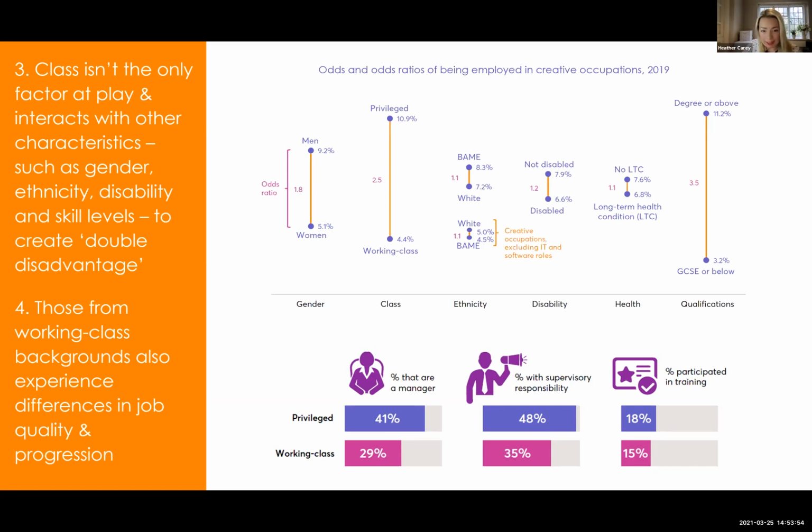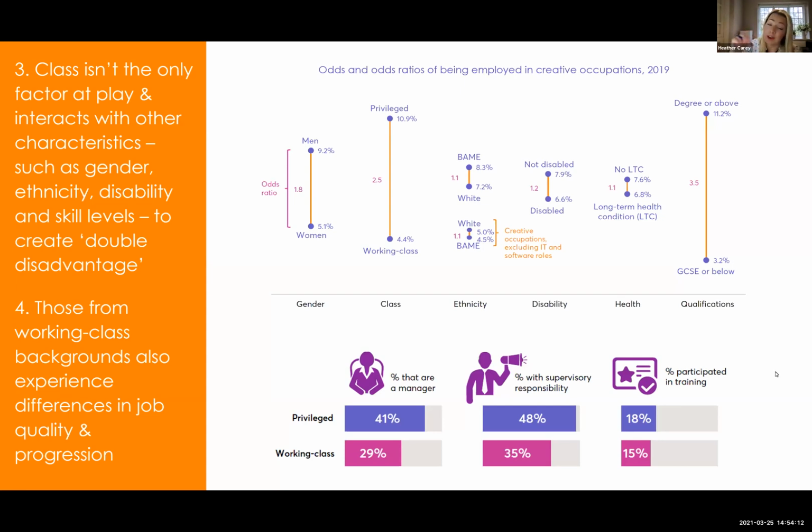And quite interestingly, it told us that only a person's qualifications has a greater impact on the likelihood of landing in a creative occupation than someone's class origin. So we know class is really important in that broader discussion about diversity and inclusion.